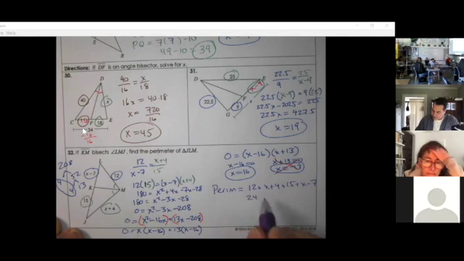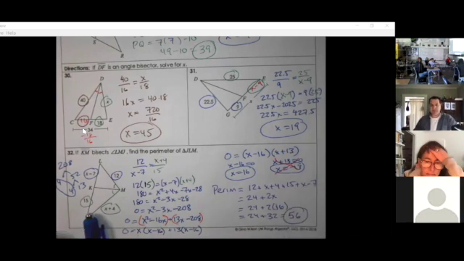So it's 24 plus x plus another x, plus 2x. We know that x is equal to 16, so the perimeter would be 24 plus 2 times 16, which is 32. So 24 plus 32 equals 56. That's my perimeter. That's the end of the review.